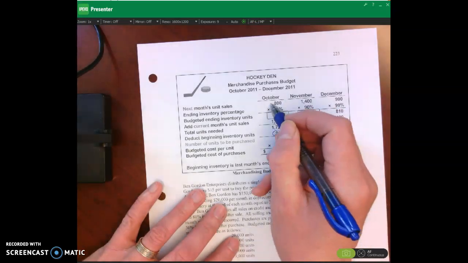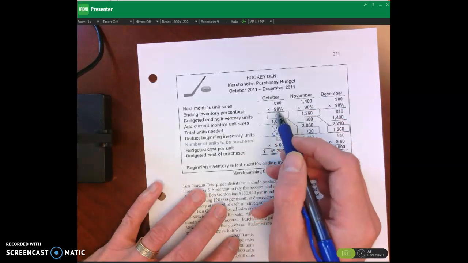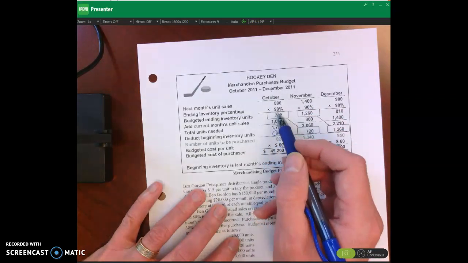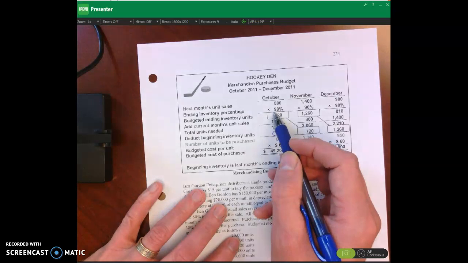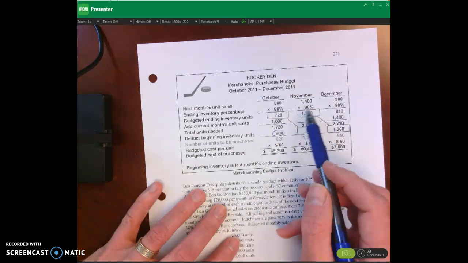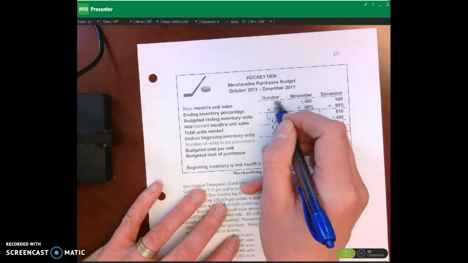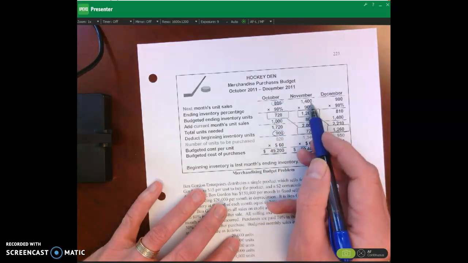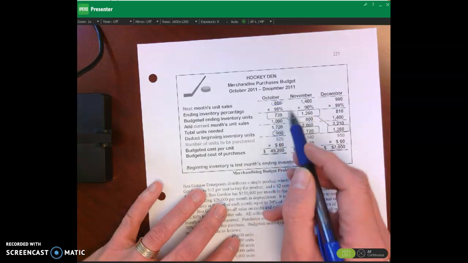And then we have our month's sales right over here, and we want to have an ending inventory equal to 90% of the next month's budgeted unit sales. So I can come over here, and this is this month's, and then 90% of next month's, that's the 720.